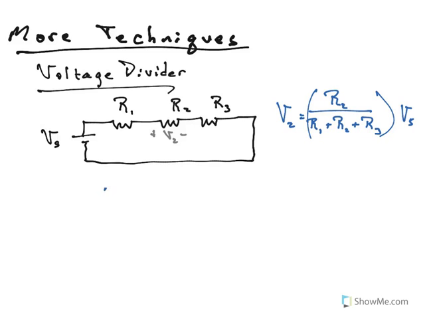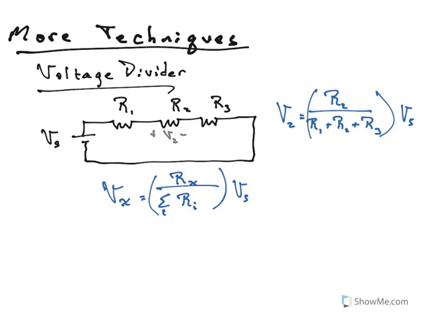Of course, the general statement is Vx is Rx over the sum of all the resistors in series times the source voltage. So if I want the voltage across resistor 1, it's R1 over R1 plus R2 plus R3 times the voltage, and so on.